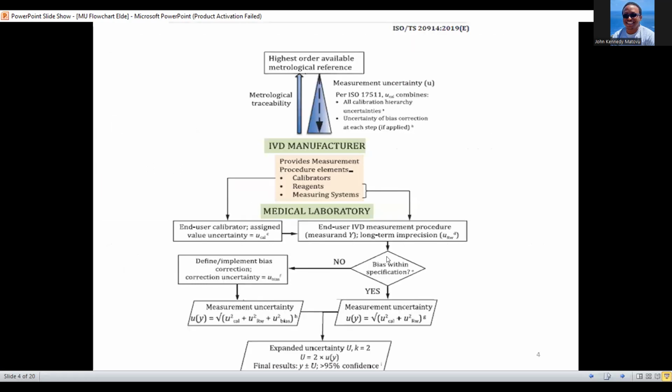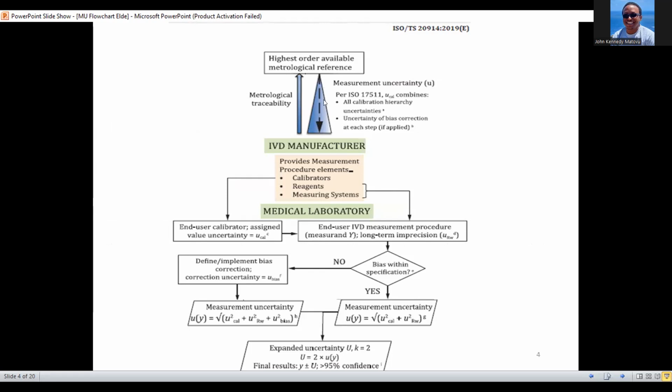All right, so let's do this. This is a flow chart that illustrates the overall process to be followed by a medical laboratory in estimation of MU. And in these flow charts, it identifies the interrelationship among the major sources of MU that should be accounted for by the laboratory when estimating MU for a given measuring system.